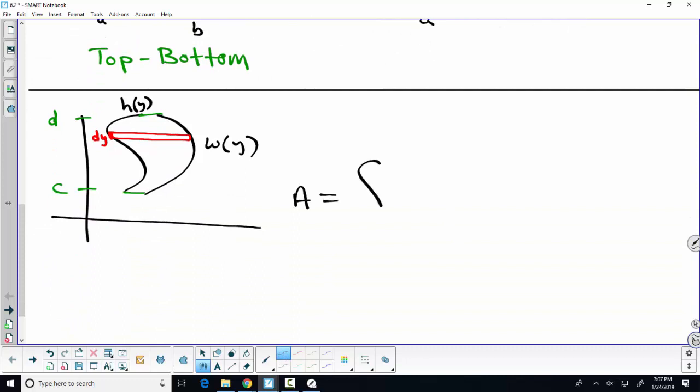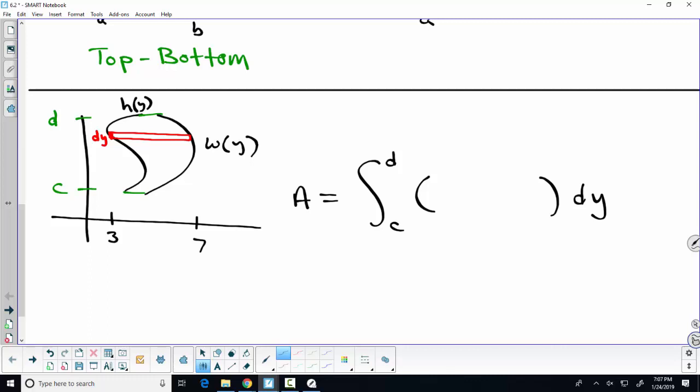Area, c to d, dy. How would we measure the height of that rectangle? Let's say something specific. Let's say that we're at 7 and this were an x value of 3. How tall is that rectangle? 4.